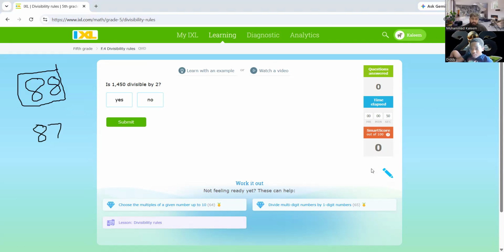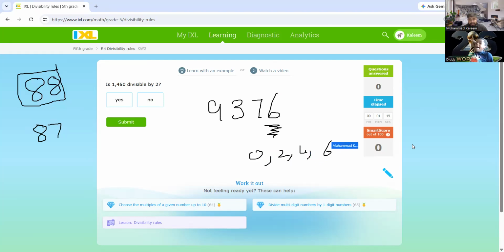It doesn't matter how big the number is, like 9,376, and it doesn't matter what the first digits are. Our concern is with the last digit, right? If the last digit is either 0, 2, 4, 6, 8, then it will be a multiple of 2. 2 will be a factor of it. It is an even number. It is divisible by 2.